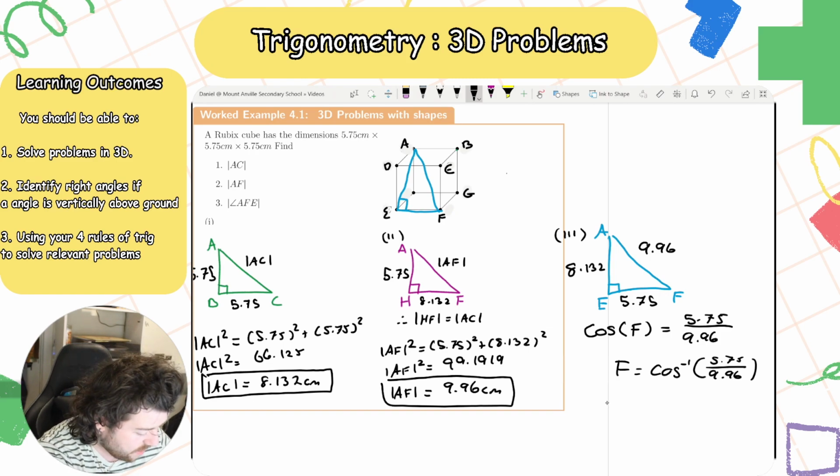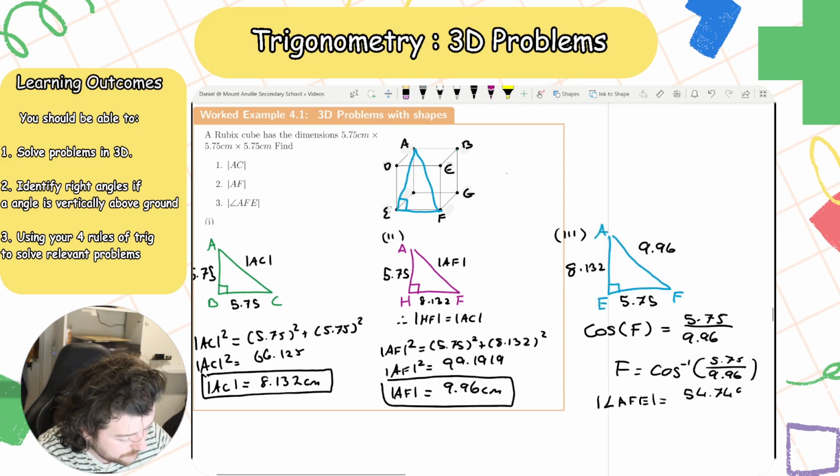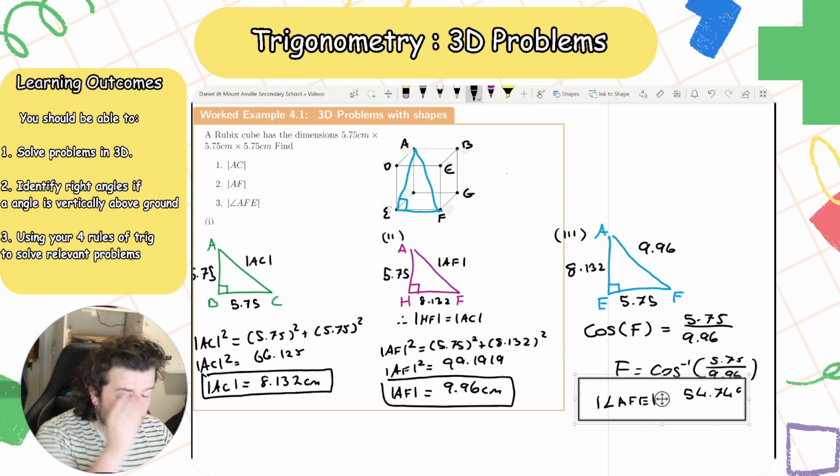And therefore, angle AFE is going to be equal to 54.74 degrees.